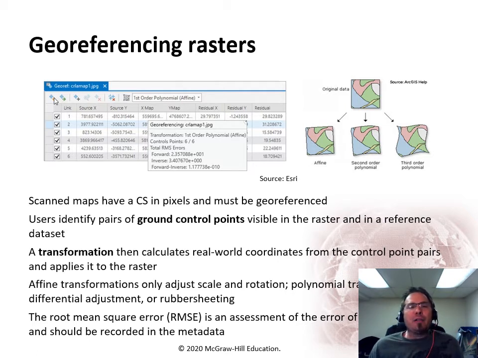So you add a bunch of points from the image to your GIS, and then you look at what's called the residual or the root mean squared, and you want to try to keep that number as low as possible. What that does is give you an overall idea of how good the fit is of where your control points are relative to the original image.